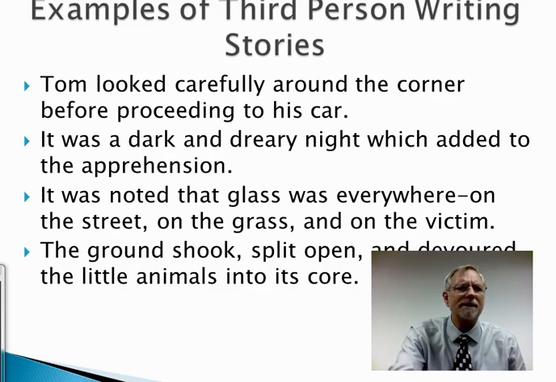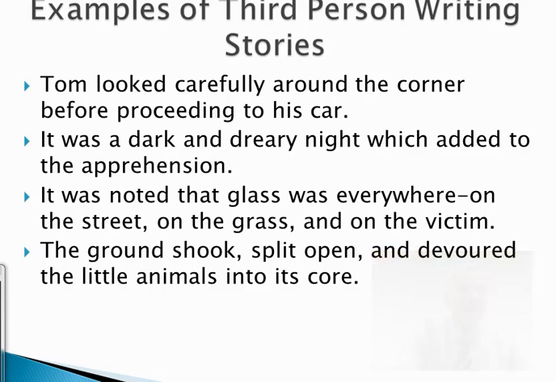Third person instead of, I was a little bit scared when I looked around that corner. It was noted that glass was everywhere, on the street, on the grass, and on the victim. Third person, just showing it from a third person point of view. The ground shook, split open, and devoured the little animals into its core.